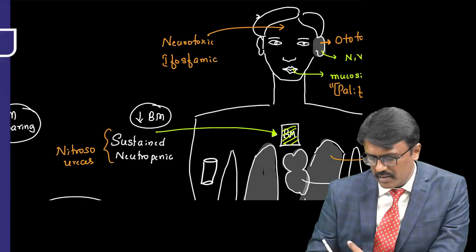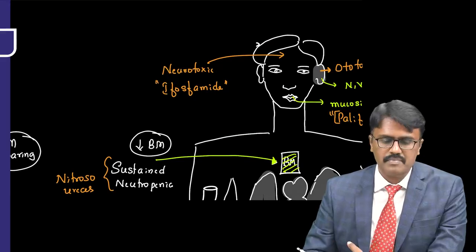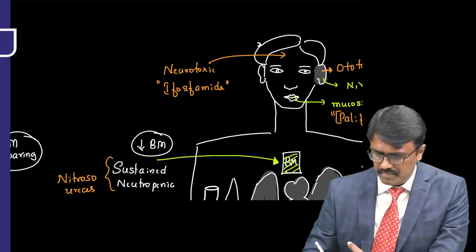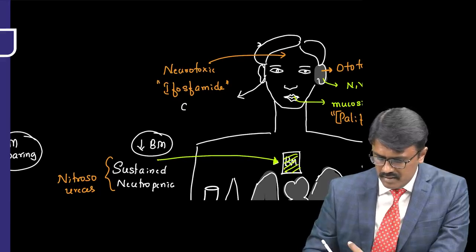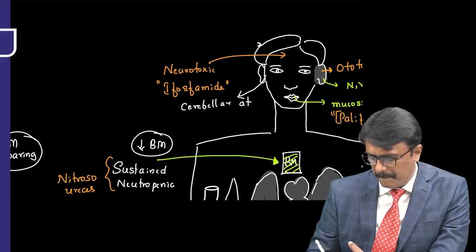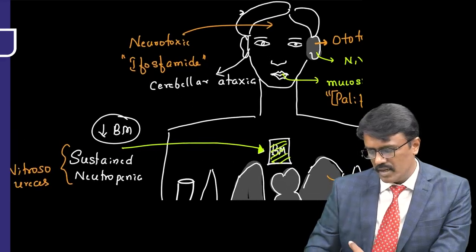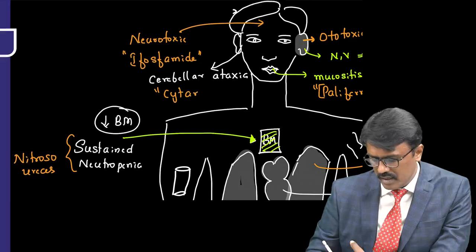So ifosfamide is neurotoxic. Now another problem is in the cerebellum. So cerebellum, let me write here, cerebellar ataxia. Can you guess what drug produces cerebellar ataxia? The name is cytarabine.